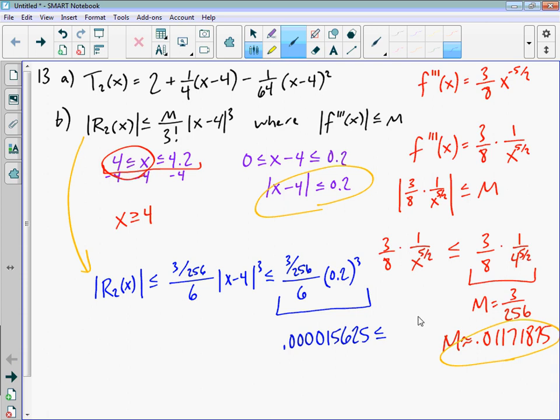Bigger, but it doesn't have to be a lot bigger. So it can be 0.00001563. That would make sense, right? If you can't keep this as 6 and just truncate it, you'd have to round that up to 7 if you went to that spot. So I'll just go with 0.00001563.